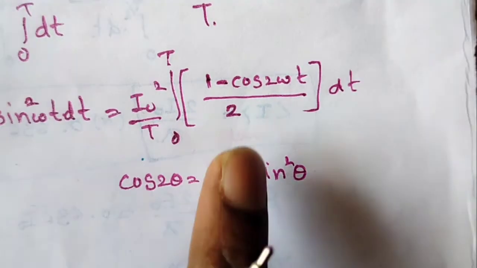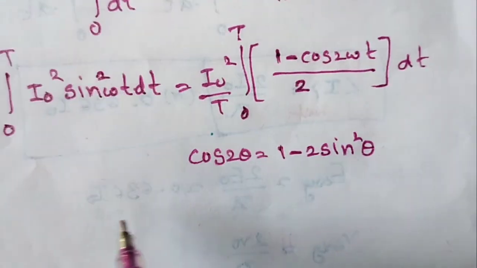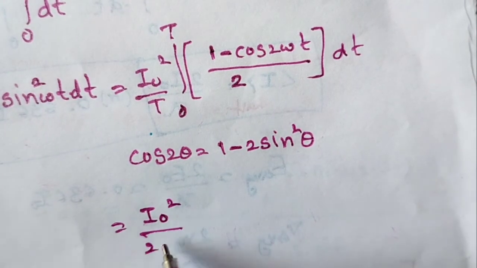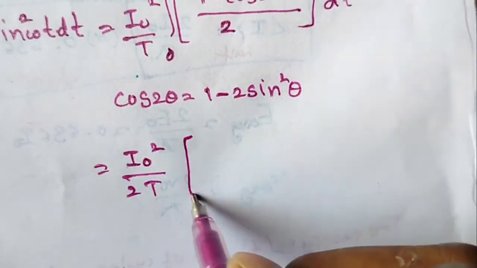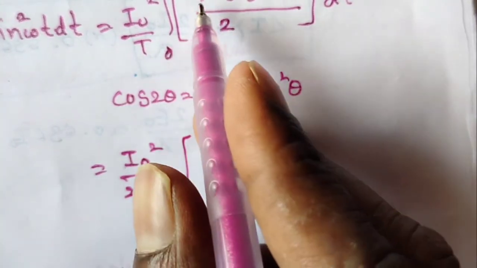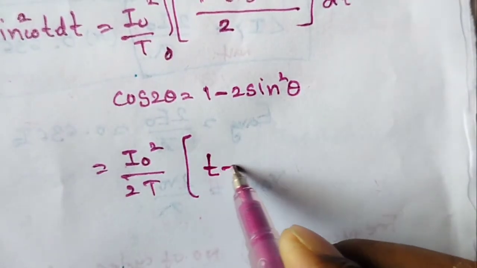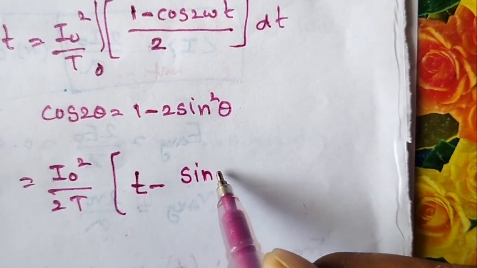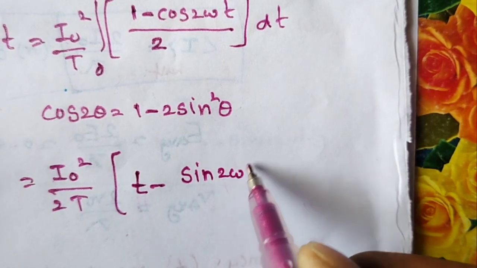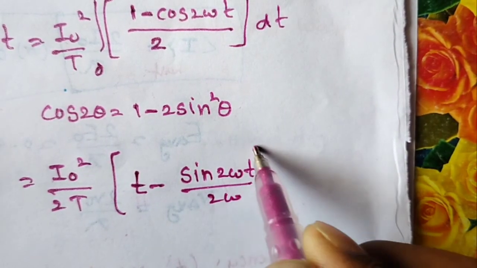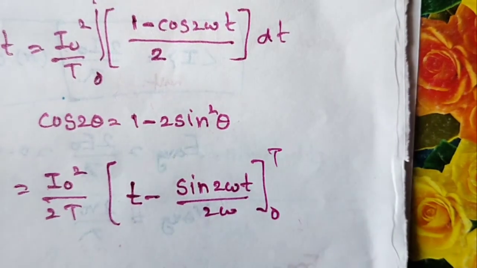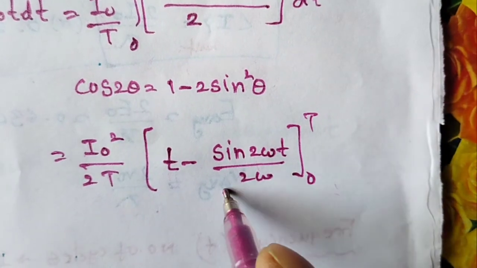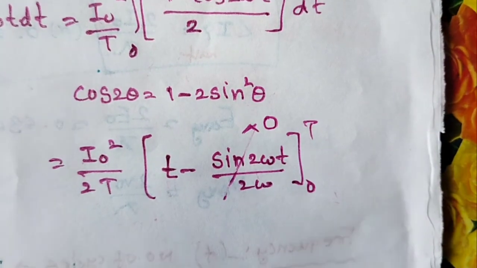So we can take the integration; this part gives I naught square by 2 T. Here 2 is outside, integral of 1 minus cos 2 omega t, sin 2 omega t by 2 omega, limits 0 to T. This is a 0 value.